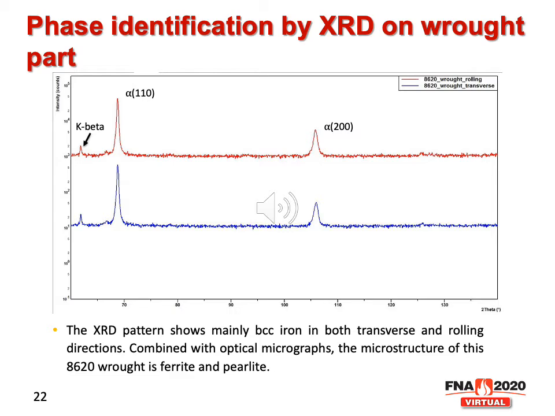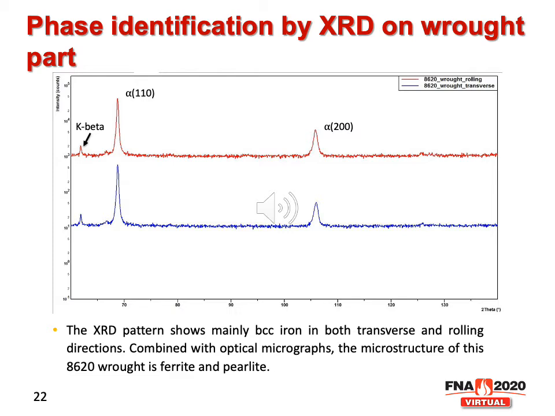And also, we identify BCC iron as the main phase on both directions. So combined with the optical and SEM micrographs, the microstructure of this 8620 wrought material is ferrite and pearlite.